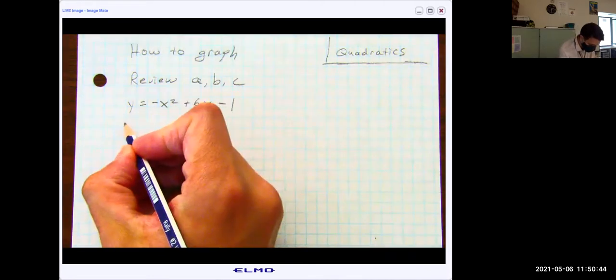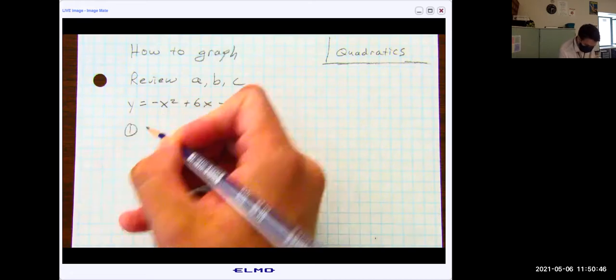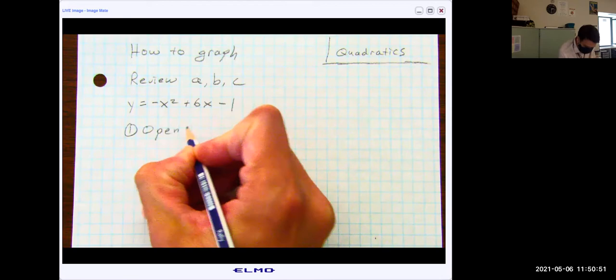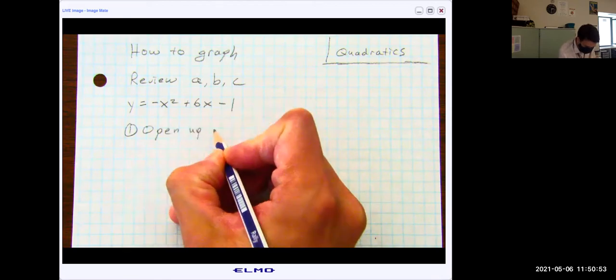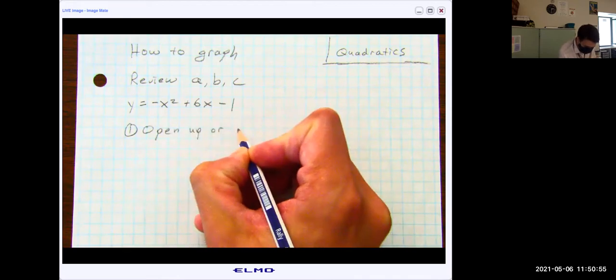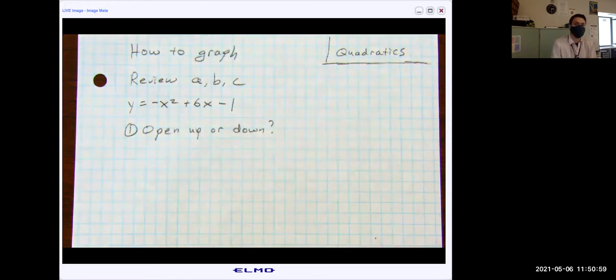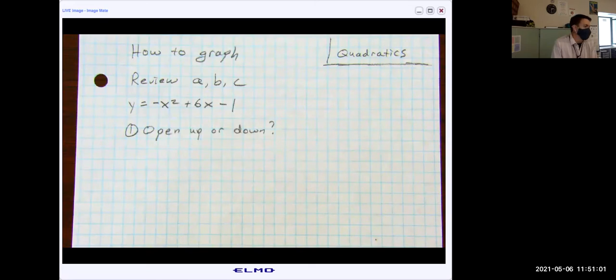The first thing we're going to ask ourselves is, is this going to open up or down? And you figure that out by looking at the A value and also your notes too.